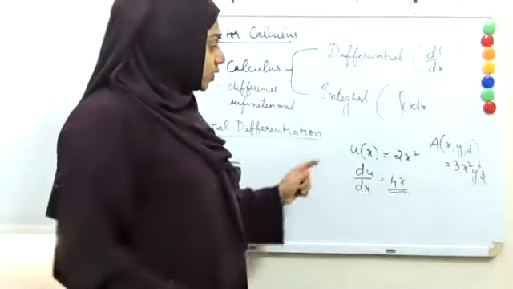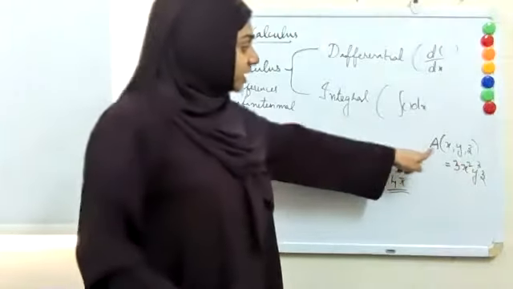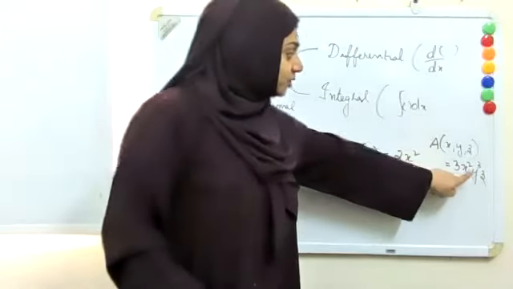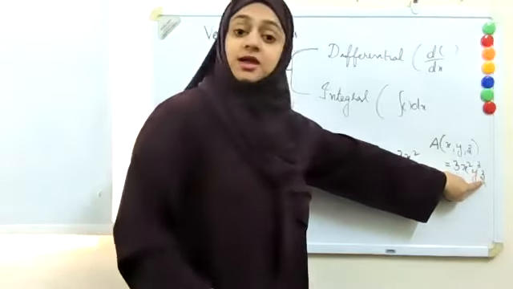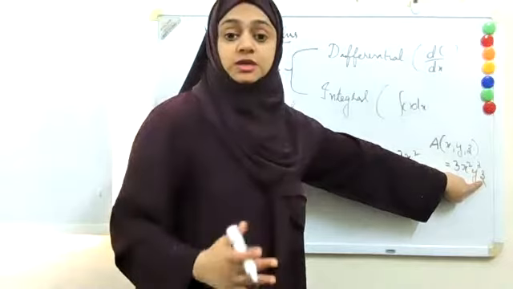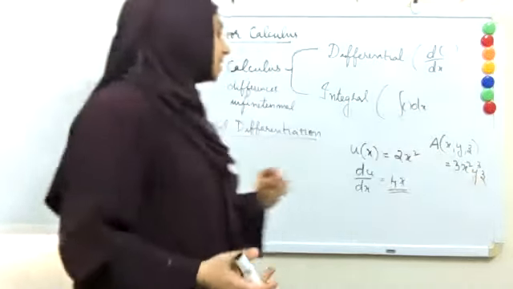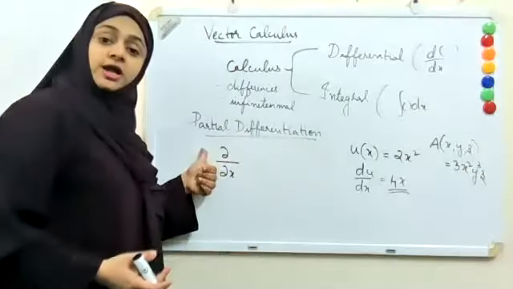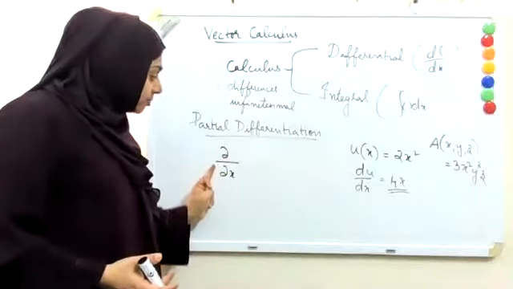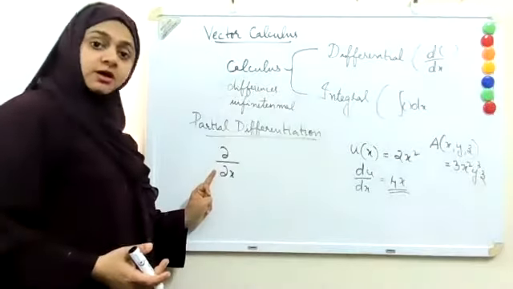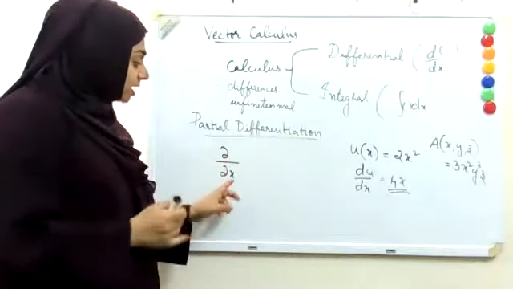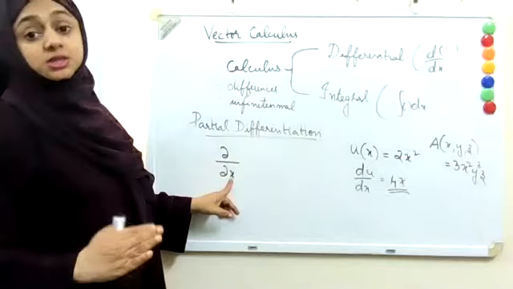So, when you differentiate with respect to x, you cannot take y and z as constants, because we know that they are not constant, they are variable. So, in such case, this comes into help. When you take partial differentiation, you can assume all other variables other than x constant.